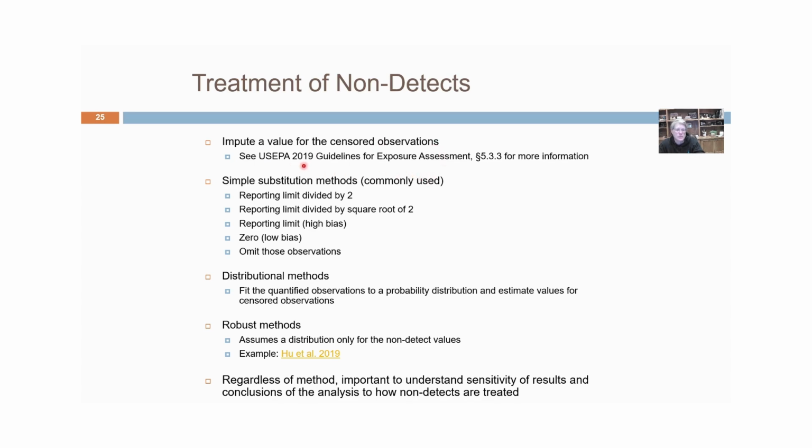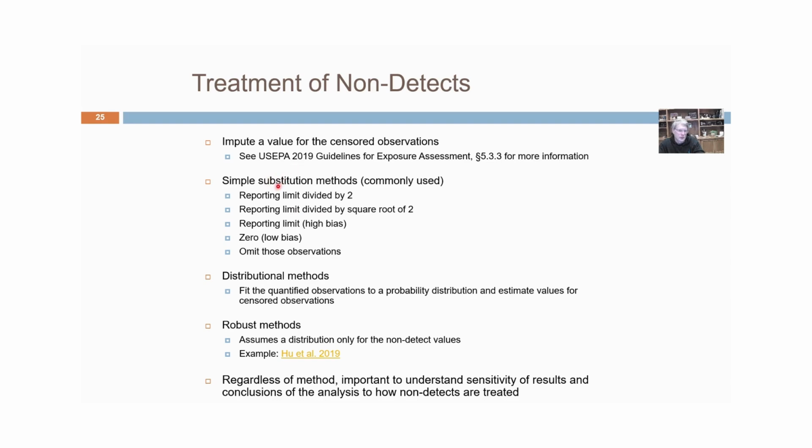The EPA's 2019 update to its guidelines on exposure assessment, section 5.3.3, is a couple of pages long. It's similar to the two other reports that are cited in this deck, but I think it's worth taking a look at too, because it talks generally about approaches to imputing a value for the censored observations.